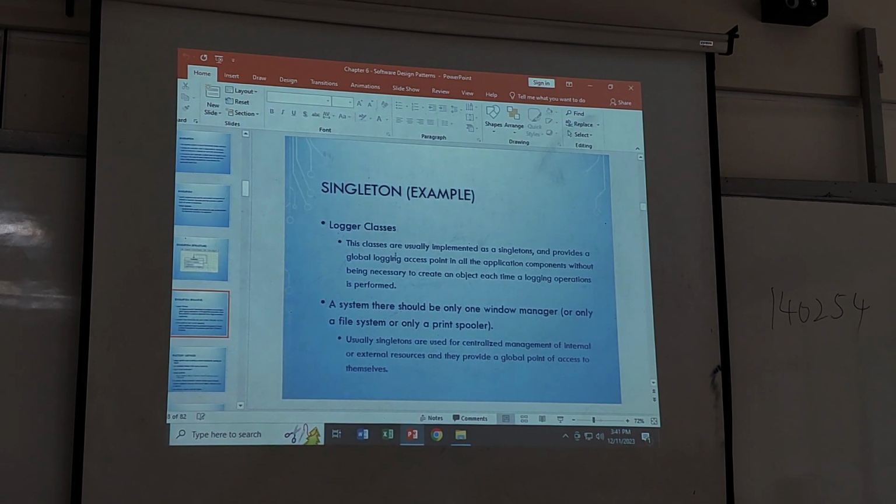NTFS is the NT file system, not network file system. We are no longer used to 32-bit; now it is commonly 64-bit. So these are some of the examples.